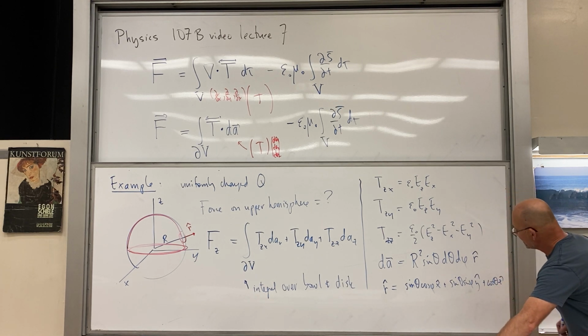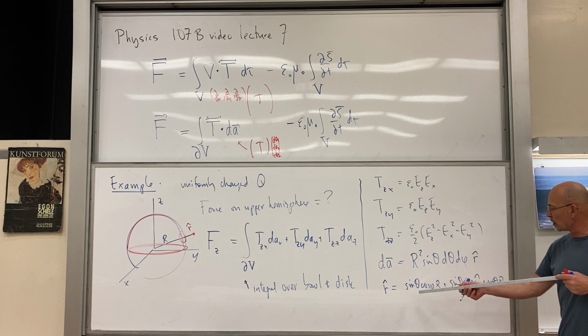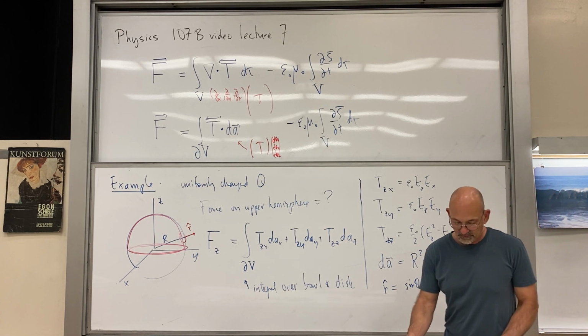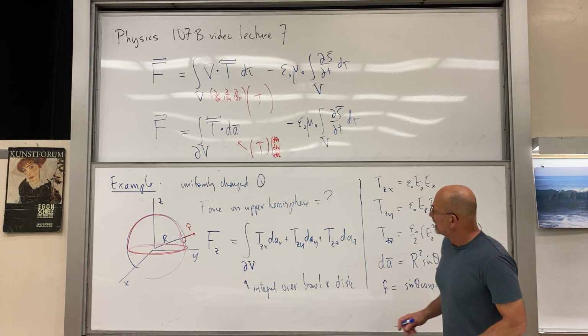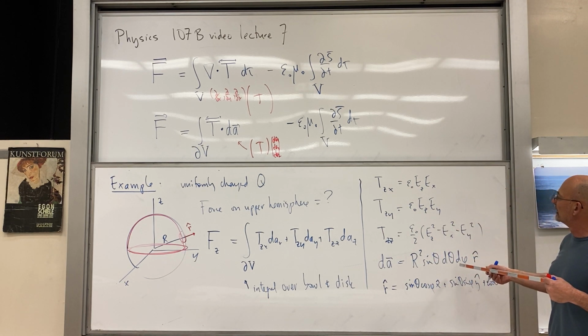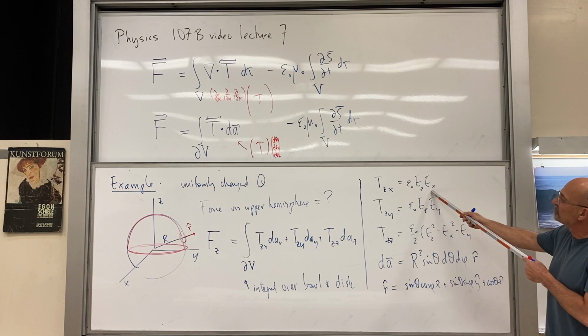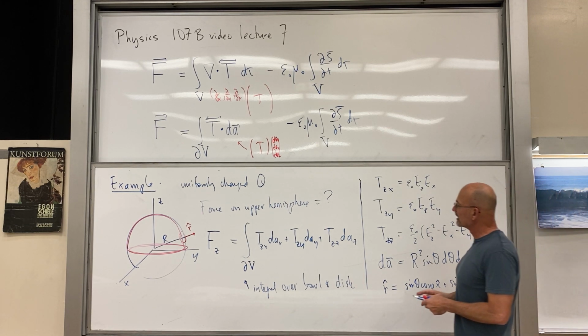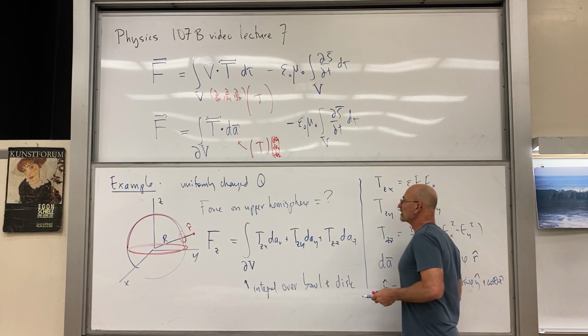Right, you recognize that, just the unit vector in spherical polar coordinates. Good. So what we need next, these are all of our ingredients, except we need these electric fields. Okay, it's not going to fit all on one board, that's the way it goes.